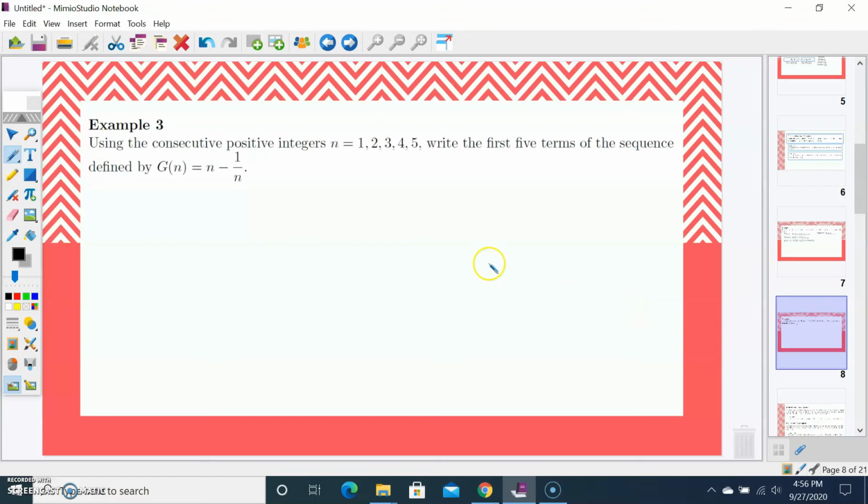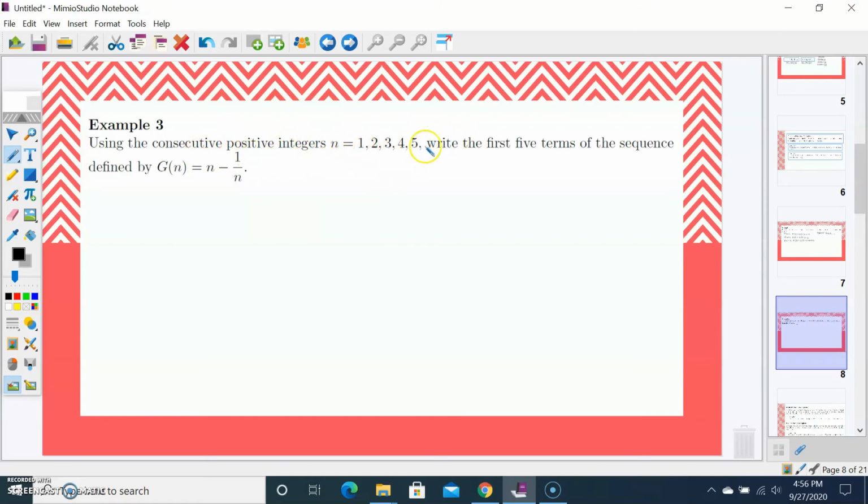Example number 3. Using the consecutive positive integers n, which is equal to 1, 2, 3, 4, and 5, write the first 5 terms of the sequence defined by this function g of n is equal to n minus 1 over n. So again, we're going to use the formal definition of the sequence here, because as you can see, we have the domain, which is the positive integers denoted by n.